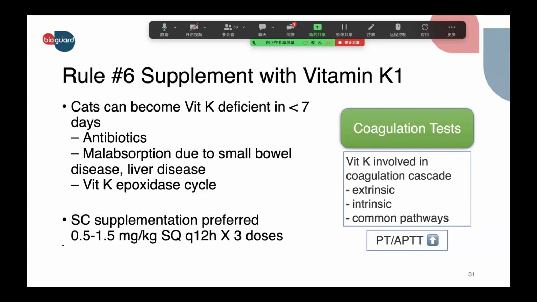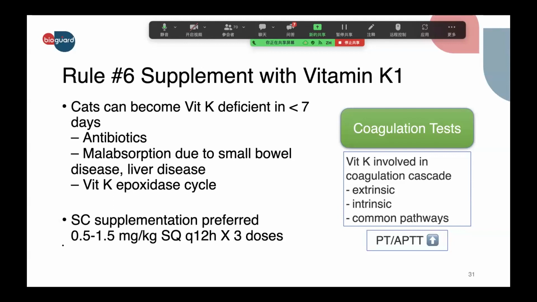Vitamin K2 needs bacteria in the intestine to synthesize it, but commonly we give antibiotics, and the microflora in the intestine becomes abnormal. So vitamin K is low. Once vitamin K is low, it will cause coagulation issues, making the extrinsic, intrinsic or common pathways of the coagulation cascade worse and abnormal.